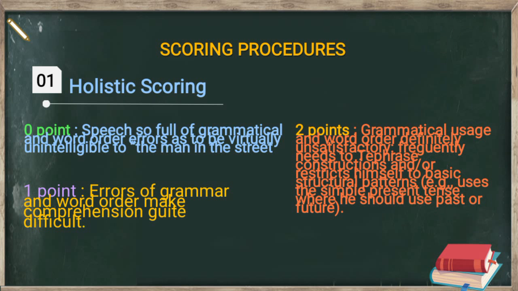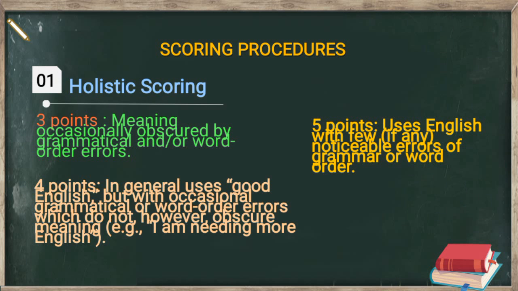It means that grammatical usage and word order are definitely unsatisfactory, frequently needing to replace constructions and or restrict himself to basic structural patterns. For example, he uses the simple present tense where he or she should use past or future.